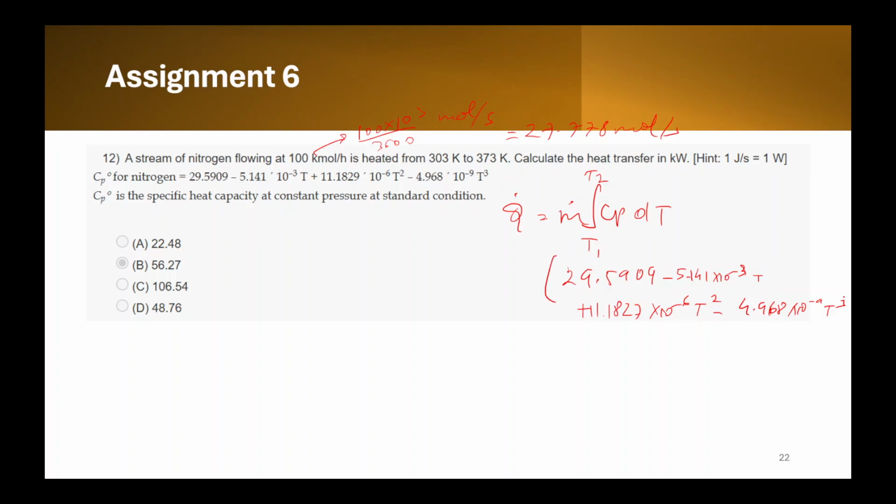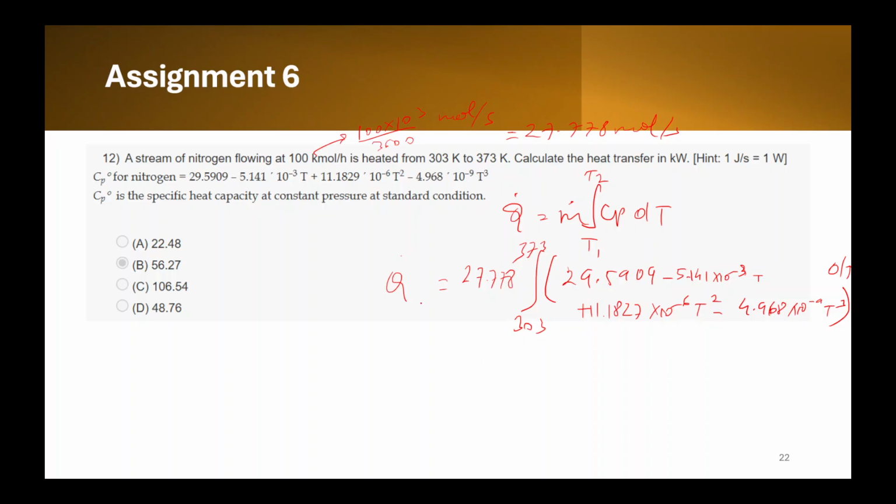So this is your Cp term into dT, and this is your integration from 303 Kelvin to 373 Kelvin into 27.778. So this is your heat transfer rate.